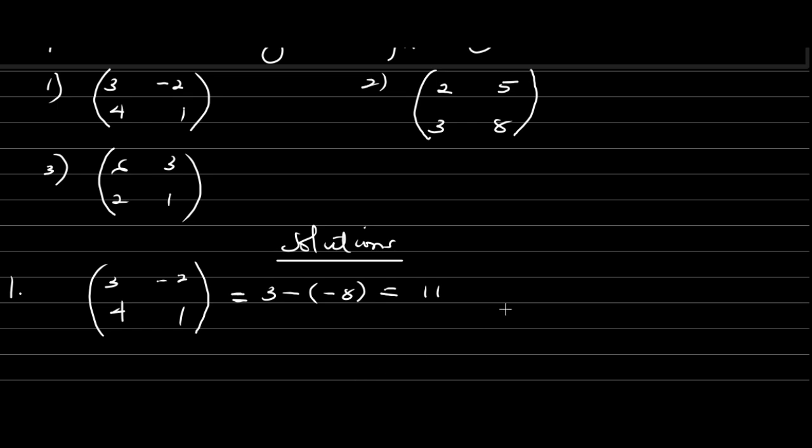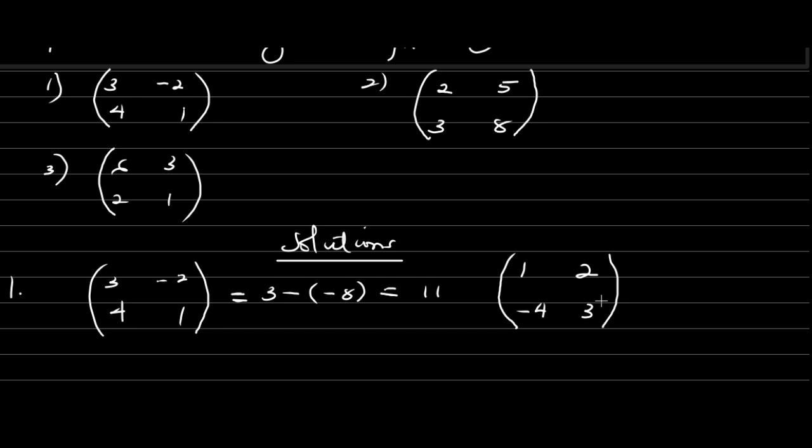All right. So following the other processes, the first thing they ask us to do is we swap the positions of the elements on the leading diagonal. So 1 will be here, 3 will be here. Then they ask us to multiply the other two elements, which are the elements on the other diagonal, by -1. So this will be minus 2 times minus 1, that is 2. Then minus 1 times 4, that is minus 4.